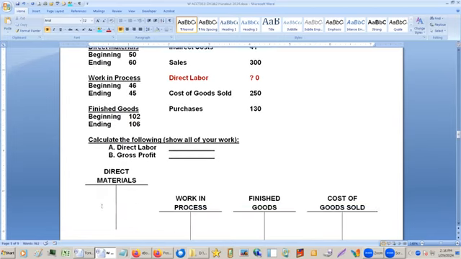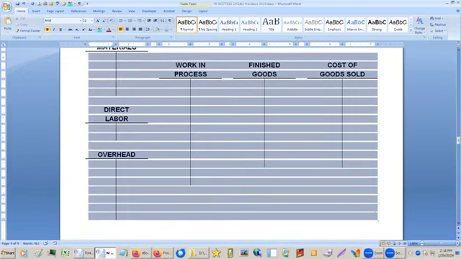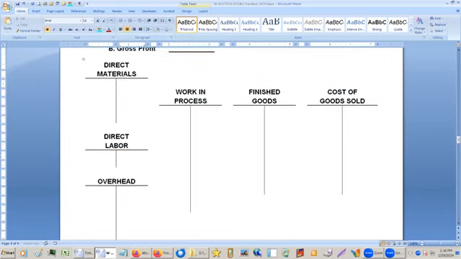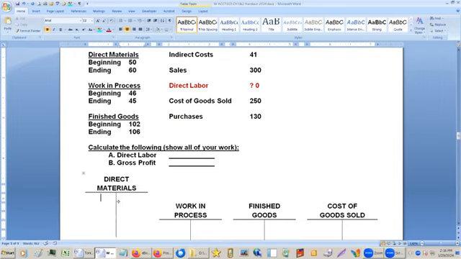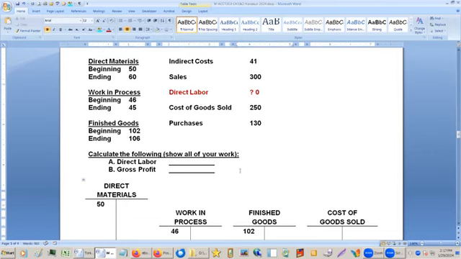All right, so let's just put in our stuff here. Direct materials are 50. So we begin with the beginning.